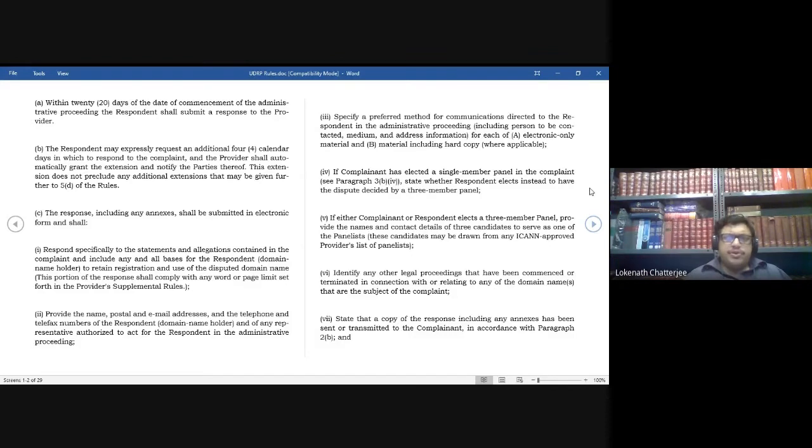Basically, the respondent should be reverting to the notice sent by the provider. Provider is the dispute resolution body. Now, in what format and manner it should be in, this is more to do with procedure. You can quickly go through it.